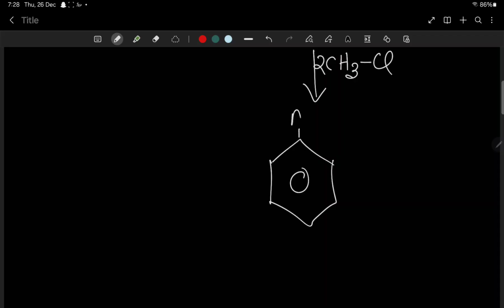So we get N(CH3)2, this is N,N-dimethyl. Once again, 2 moles you can add, and you get N,N-dimethylaniline. This is the product.